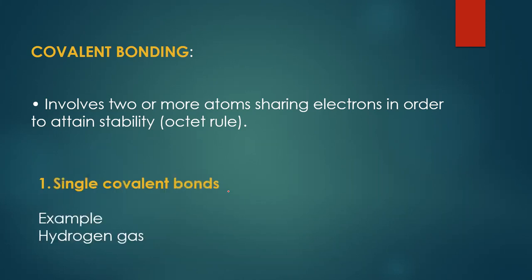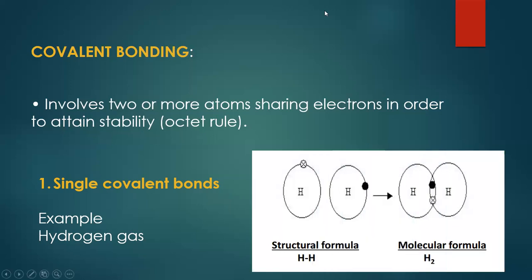Okay, so the type of covalent bonding I talked about was a single bond, like in hydrogen. So in hydrogen, you find a single bond, and this is a structure that shows the bond. You can see that there's only one bond there.